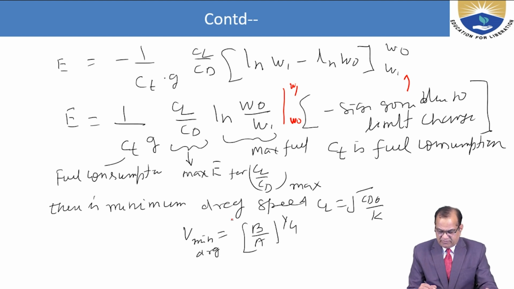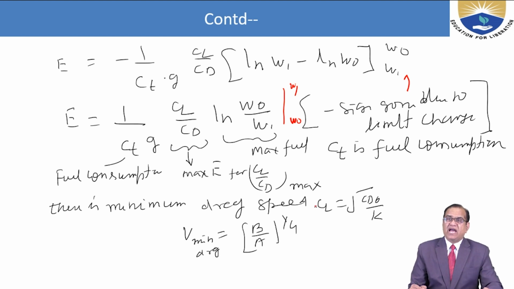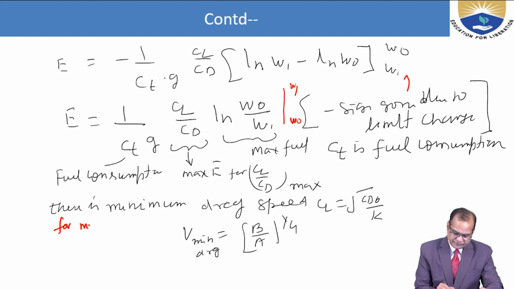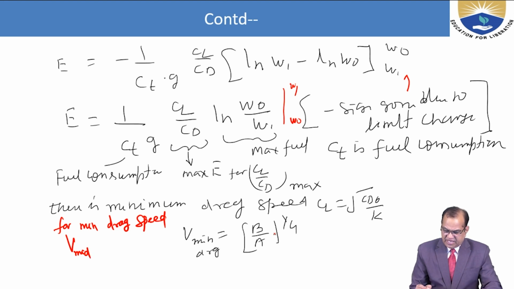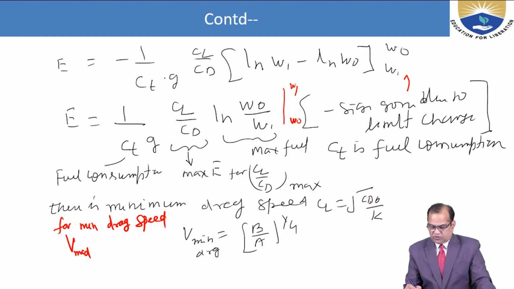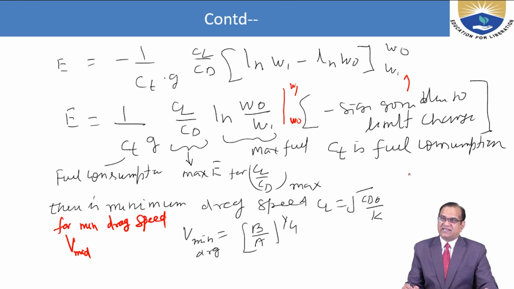So there is a minimum drag speed. For the minimum drag speed, we write V minimum drag or MD, where CL is equal to under root CD naught by K, and we have seen that CD is CD naught plus K CL square, and that this CD naught is equal to half rho V square S CD.